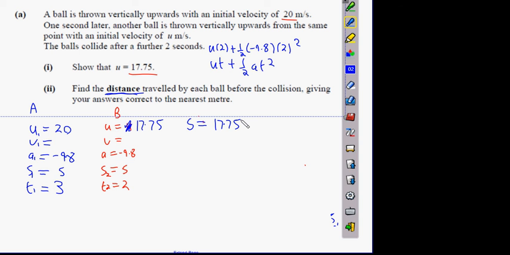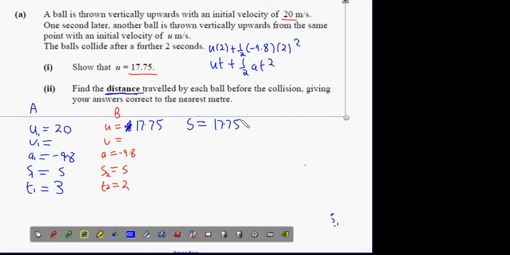We know the collision time is 2 seconds later, so we're allowed to still use that time. That's UT, plus a half AT squared, which is minus 4.9 times 2 squared.